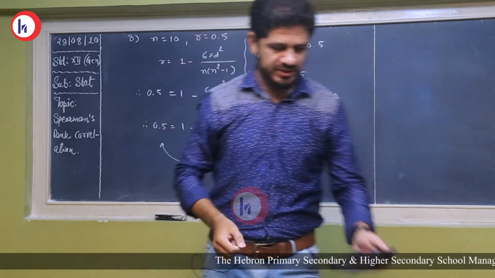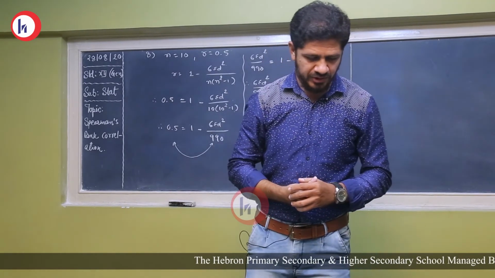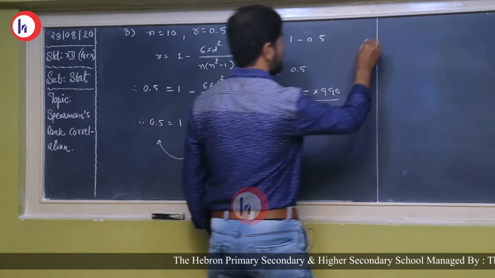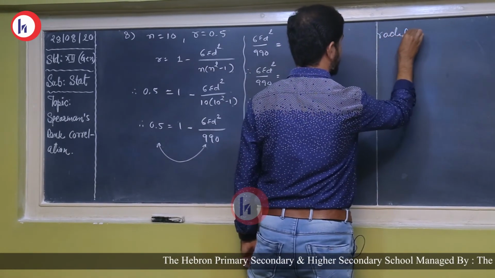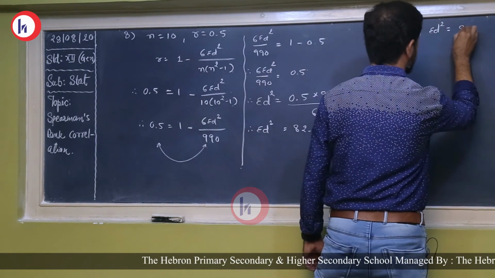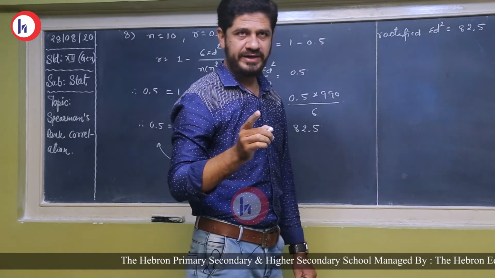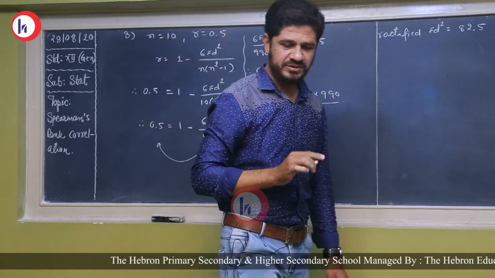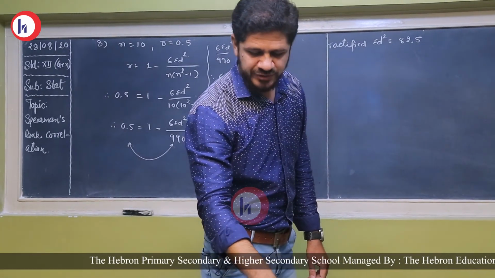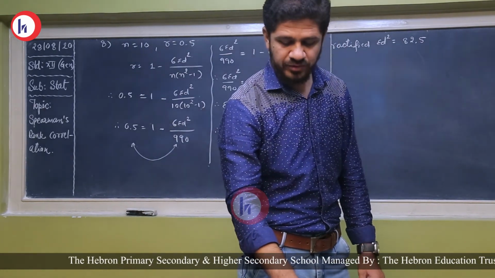But now students, it is not correct because the rank difference is mistaken. So first of all, we have to rectify it. Rectified sigma d square is equal to 82.5. We subtract the wrong value from sigma d square. It was found that one of the differences of the rank was 7, but it was taken as 3.